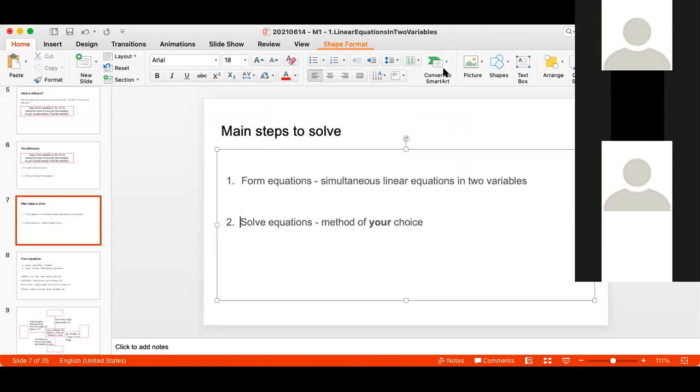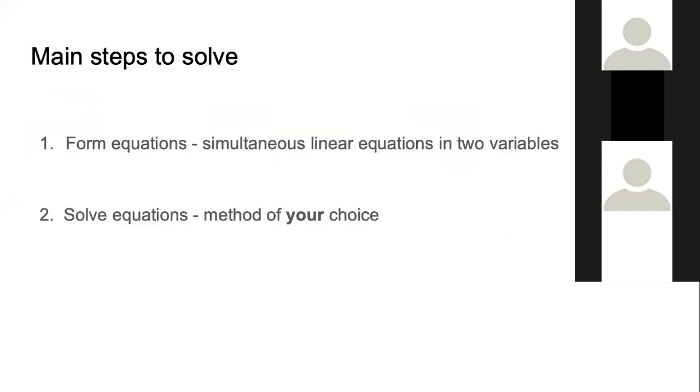Because of this difference, our solution will have two main steps. One step we already know, but the additional step will be about forming the simultaneous linear equations in two variables. That is what is new. That is what is different.